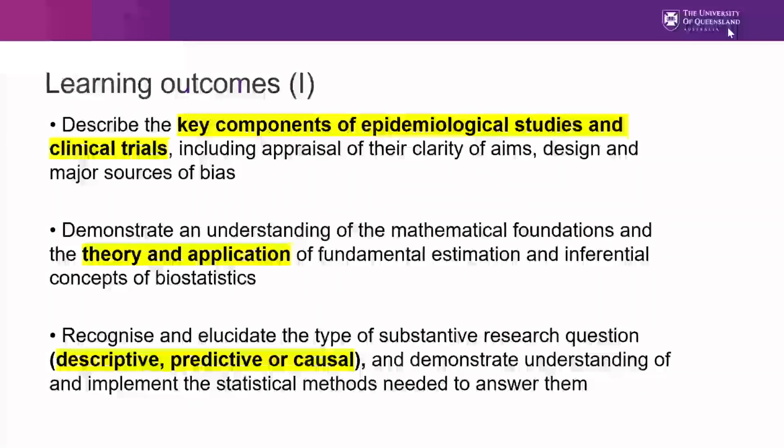We learn the theory of maths and stats, and then how we can apply that in biostat settings to answer research questions. We'll be fitting a series of models through which it will be possible to look at descriptions of associations, to see whether we can predict a health outcome, or to investigate causal relationships between exposures and outcomes.